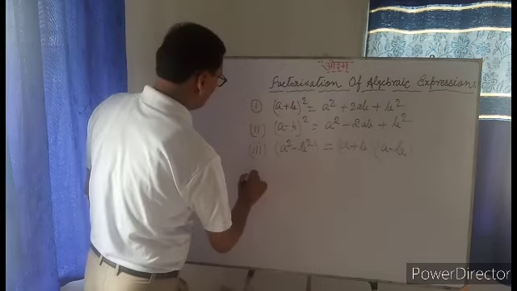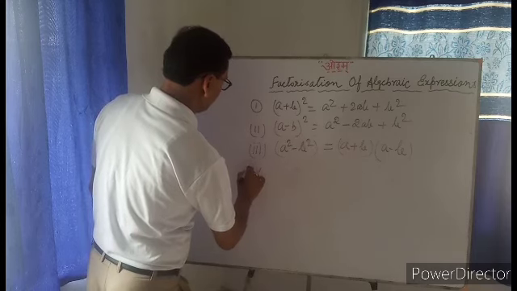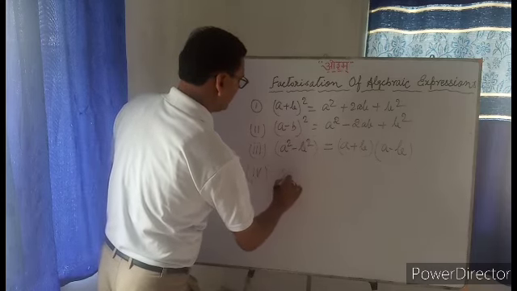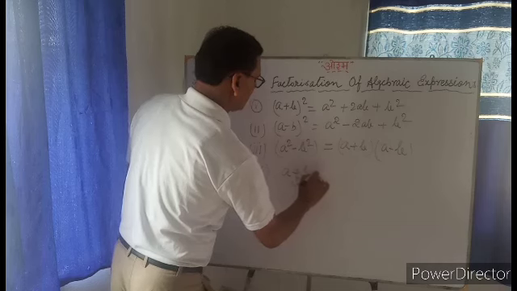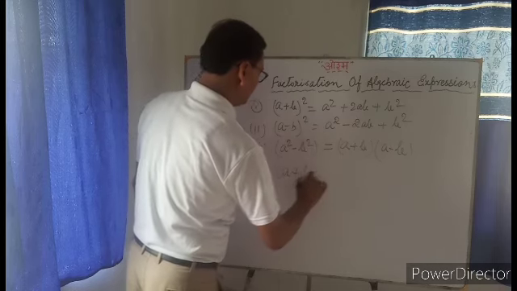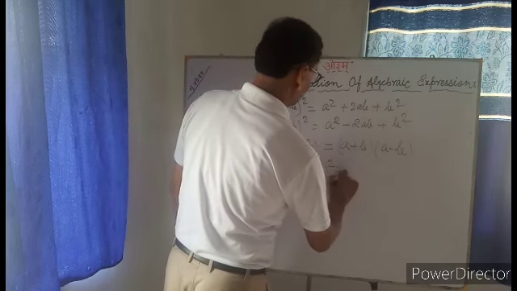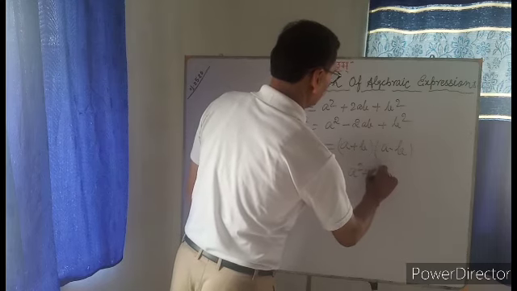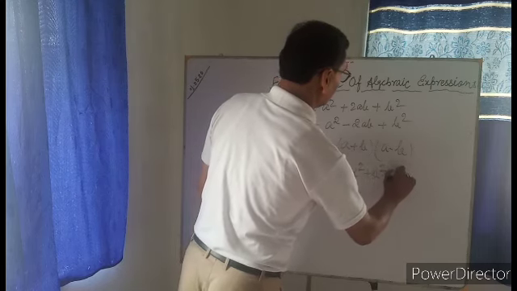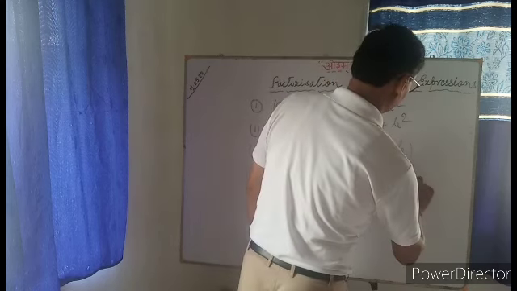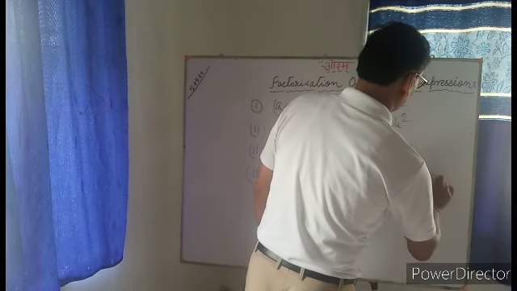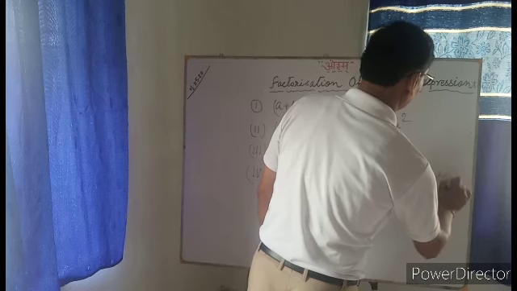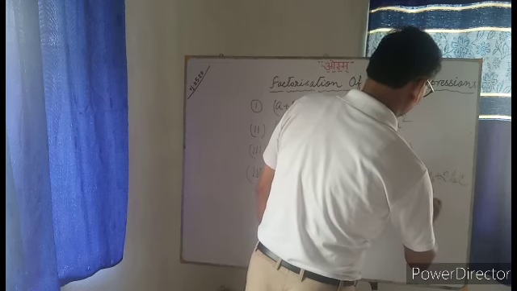Now the fourth identity that we had studied, the trinomial (a + b + c) whole square, is equal to a square plus b square plus c square plus 2ab plus 2bc and plus 2ca.